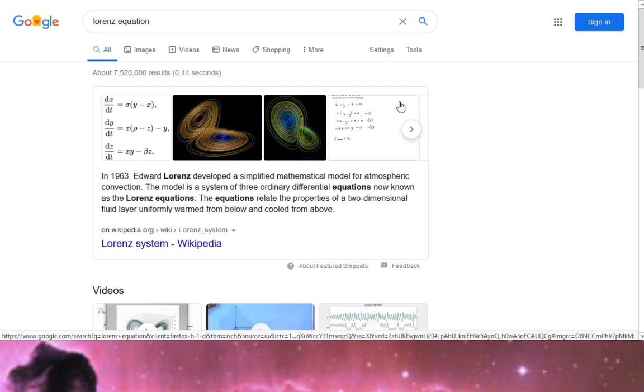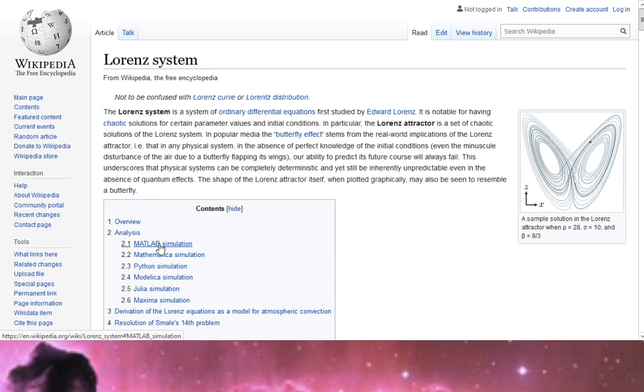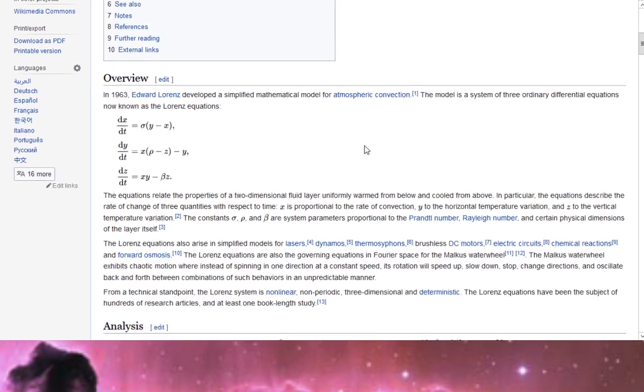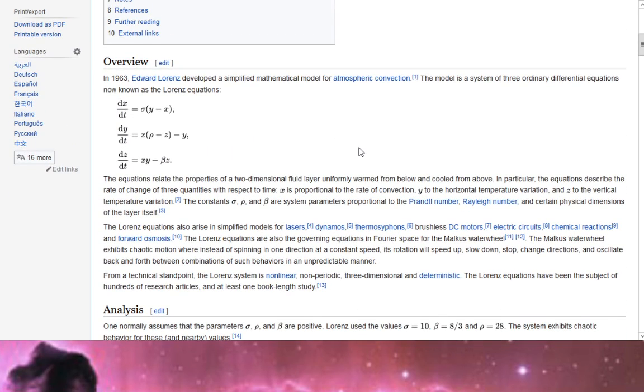So the Lorenz equation, there's the butterfly thing here. It's called the Lorenz attractor. This is the equation. Now, this is a derivative. Rho is like a little size function or something.